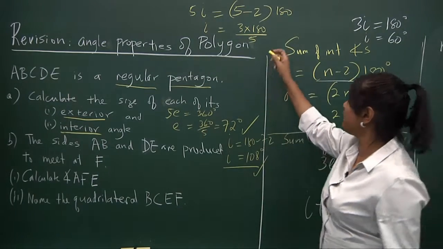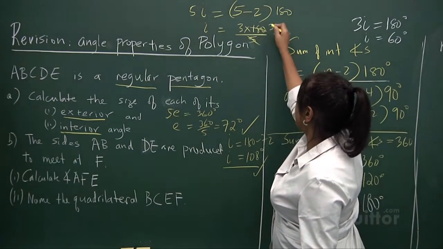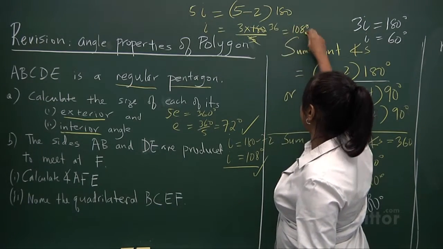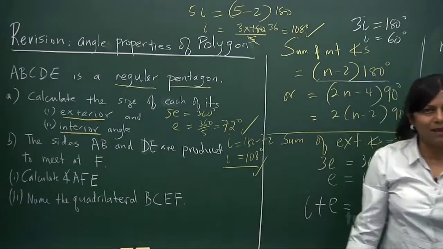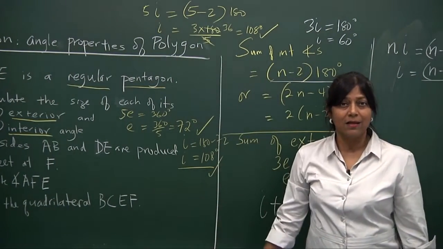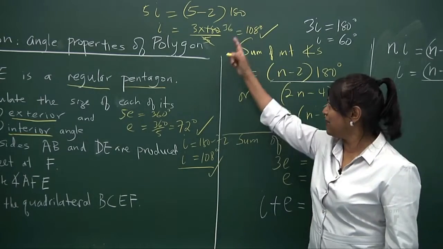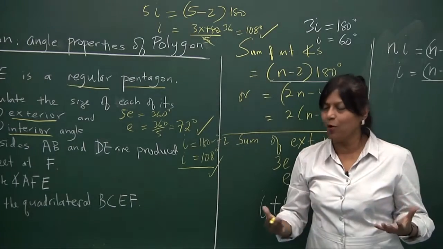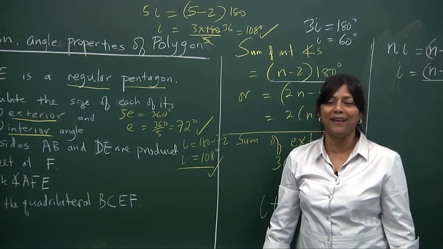You divide by 5, you get 36 times 3, which is 108 degrees. The same. This is a little bit long-winded, but nothing to fear. Look for shortcuts, or go by whichever way you're comfortable with, fine.